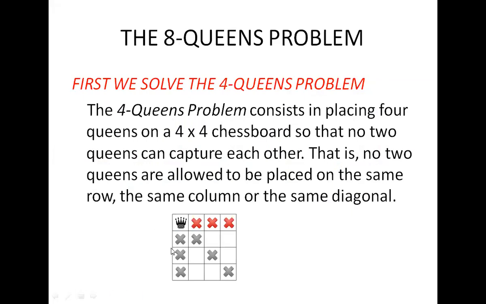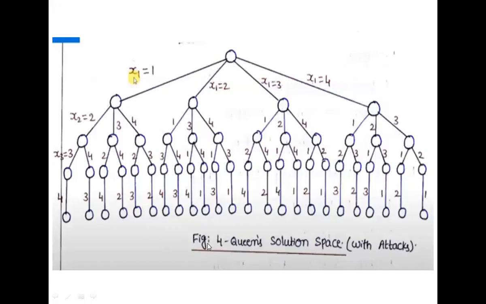So in this 4 queens problem, what are our explicit constraints and what are our implicit constraints? Explicit constraints are, we have 4 queens.